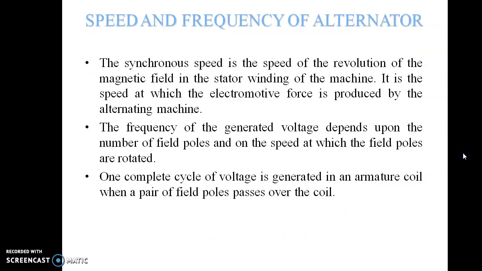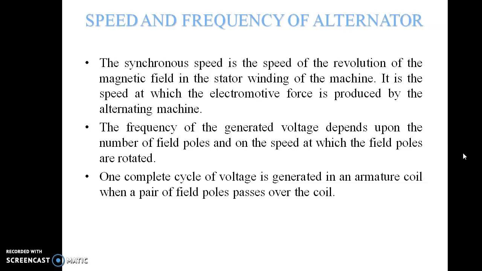Now, speed and frequency of alternator. The synchronous speed is the speed of revolution of the magnetic field in the stator winding of a machine.